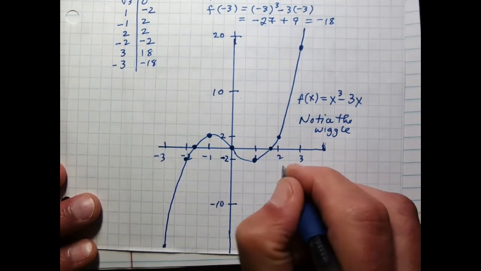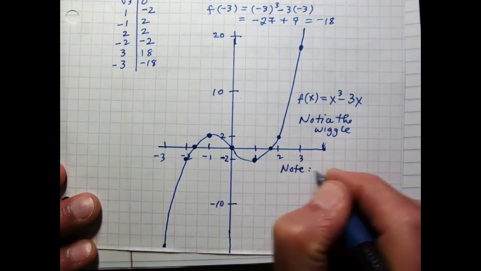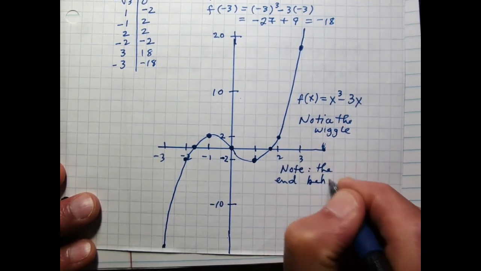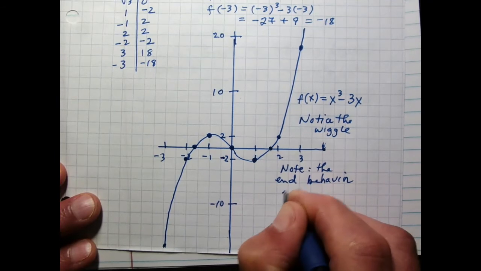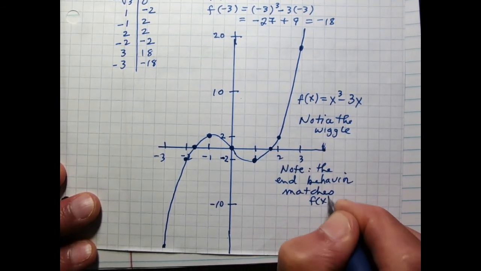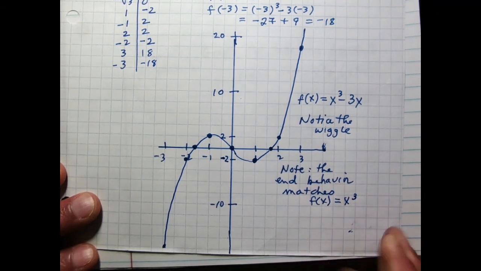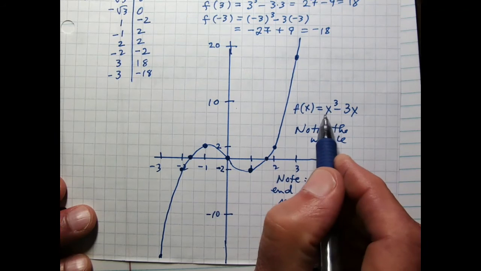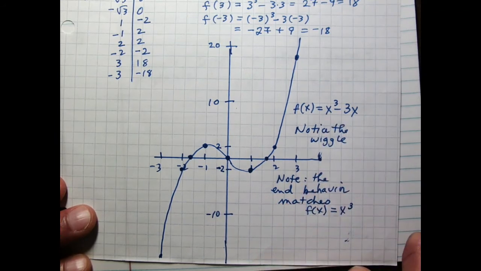And also note that the end behavior matches f of x equals x cubed. And we're going to see that it turns out this leading term is going to have a lot to say about what the end behavior of the function is.